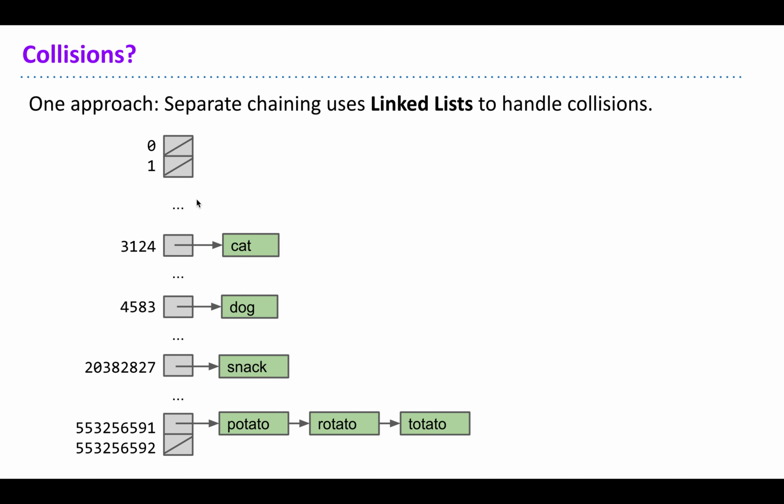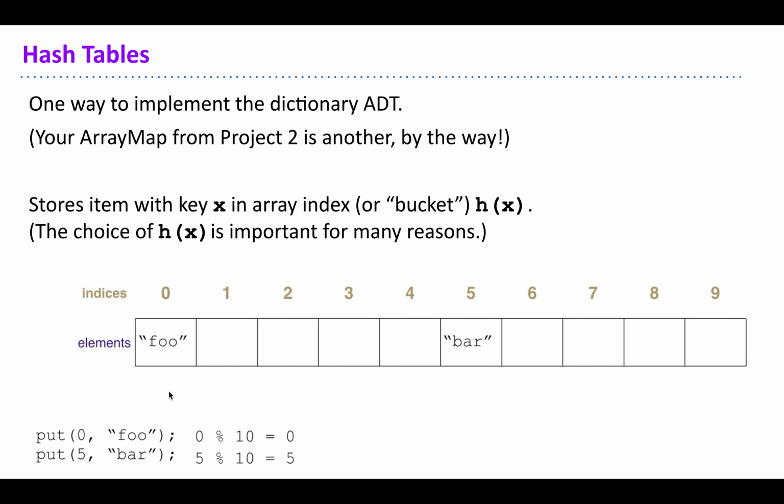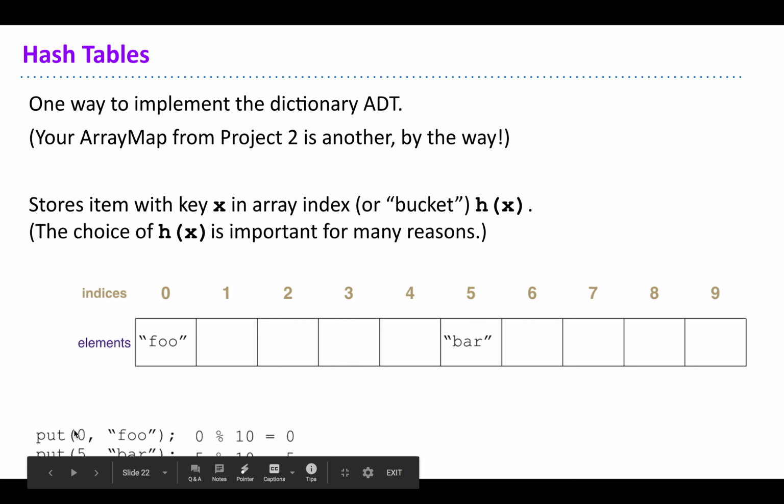You can see this example here. If I put at the key 0 the value foo, the way that it knows where to put it: the keys can be any data type. In this case they're integers, so it's maybe easier to convert to an index.